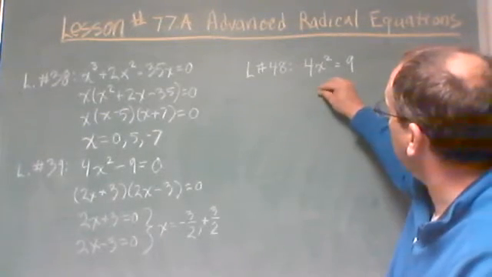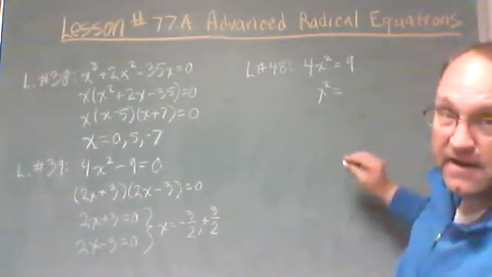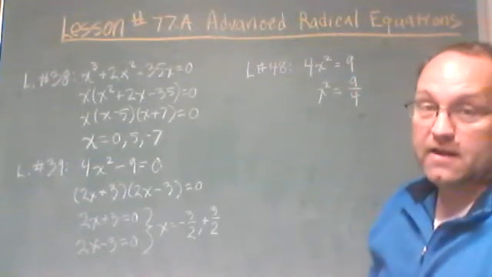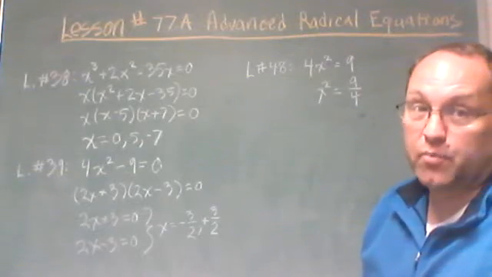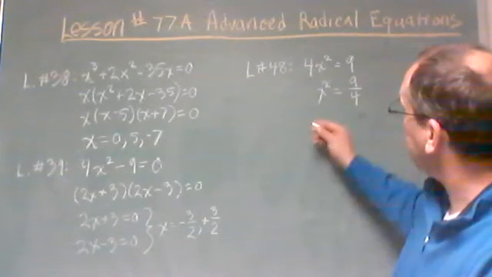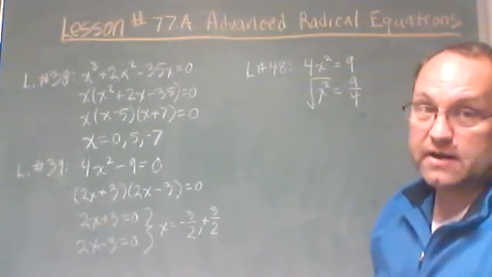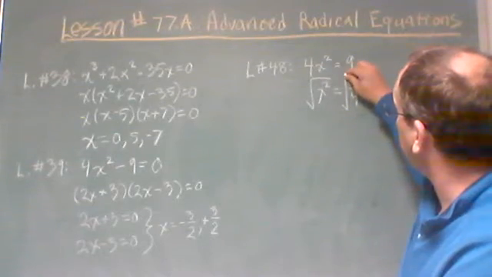So what am I going to do? I'm going to isolate x squared by dividing out the 4. I get 9/4. Then I get rid of the power by taking the appropriate root. I take the square root of x squared to get rid of that squared power. I must do the same to the other side.